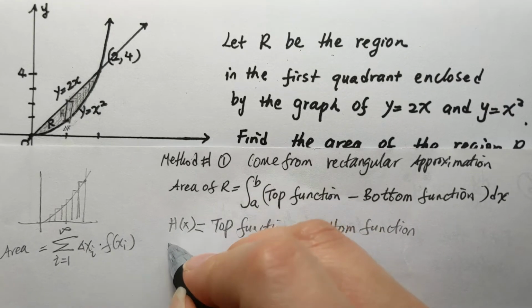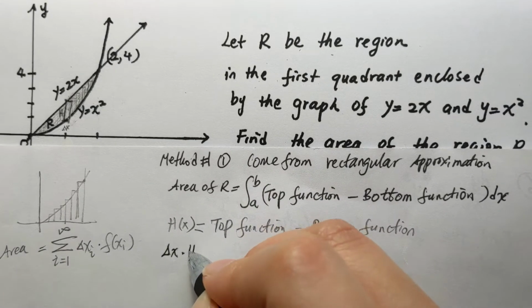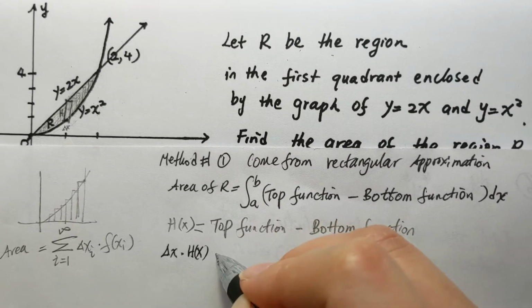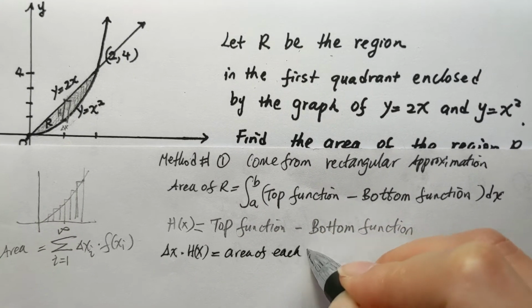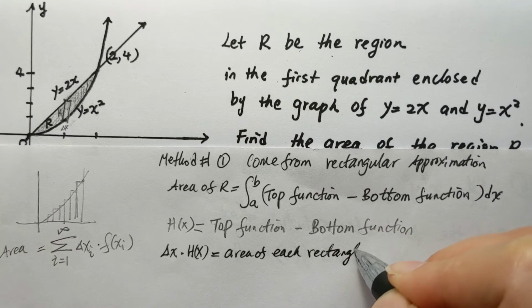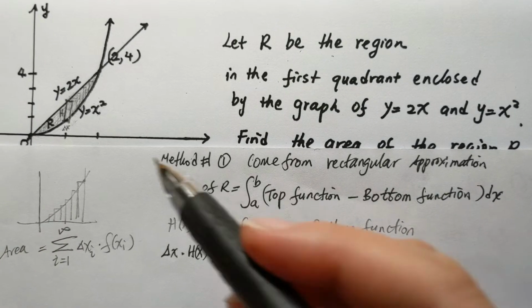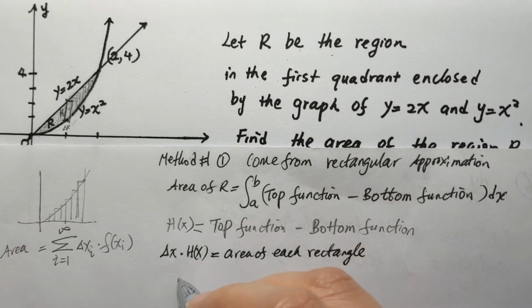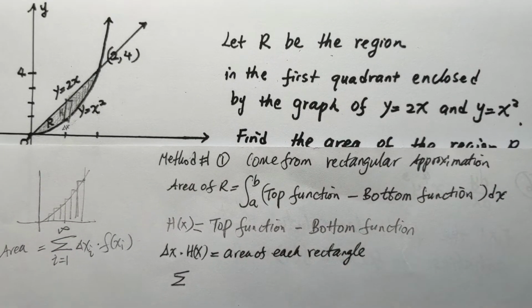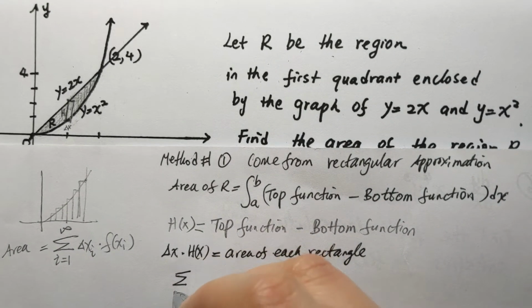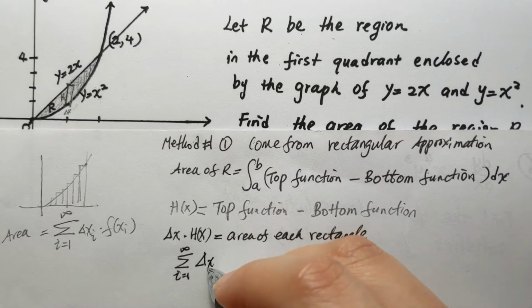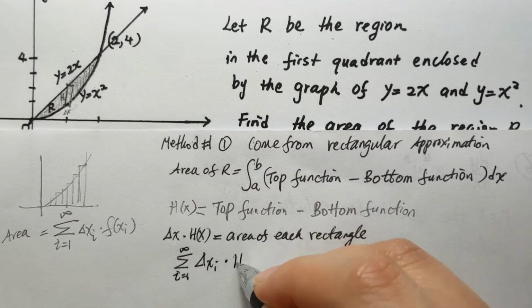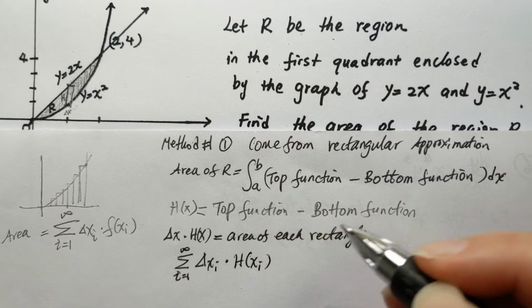So we get delta x times h of x equals the area of each rectangle. Now we make the number of rectangles tend to infinity. So we get the sum from i equals 1 to infinity of delta x sub i times h of x sub i.